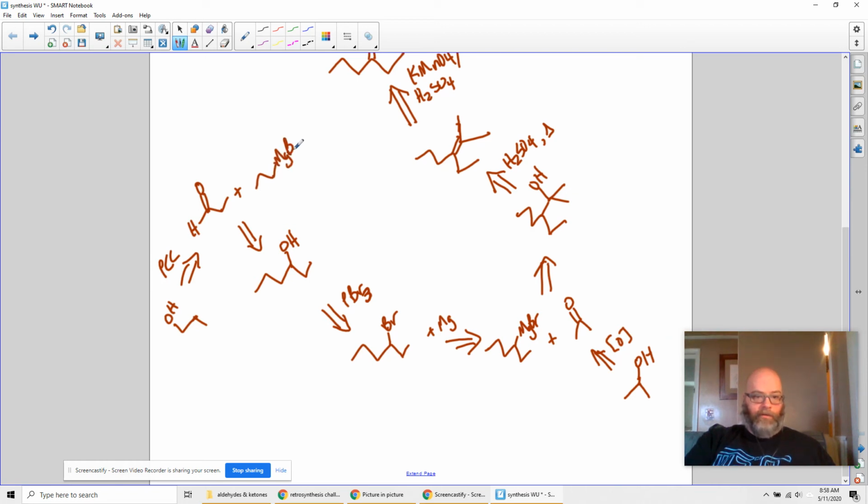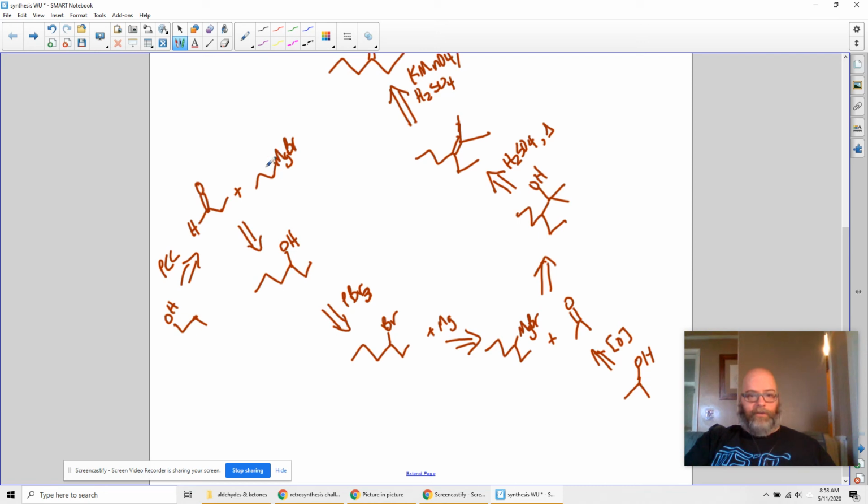So here's my Grignard reagent, 1, 2, 3 carbons. I would react this with this, and that would put this tail on this alcohol. This already has 1, 2, 3 carbons on it. So that would give me the secondary alcohol that I could then treat with bromide, make a Grignard reagent, react with a ketone made from a different alcohol, and so on.